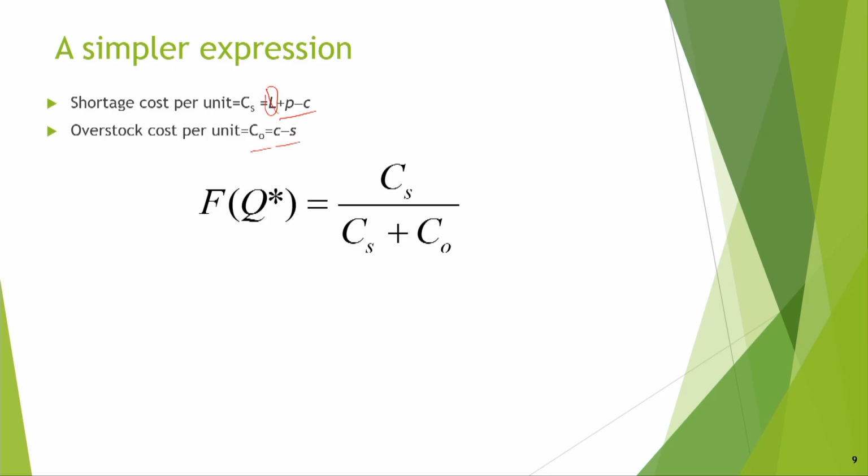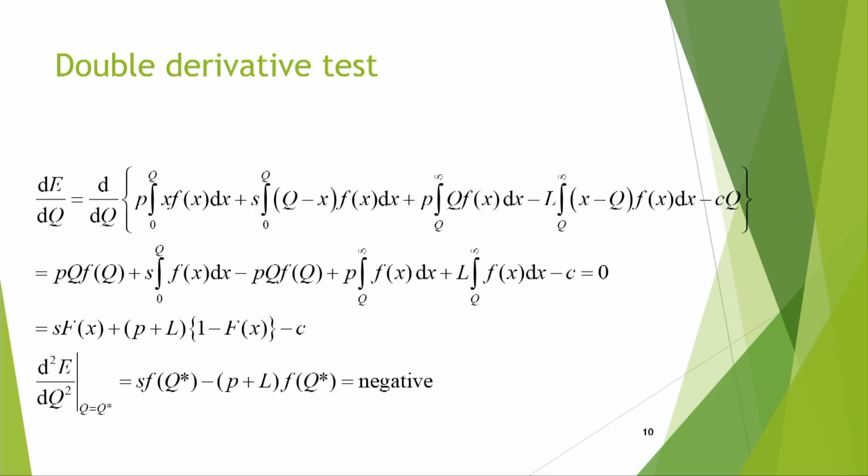We say that whatever loss we made in purchasing something, that is overstocking. So, F(q star) will be Cs divided by Cs plus Co. This much we had already said, and some people call it a service level also. Now, we can also see we have not done the double derivative test, because whether it is really maxima or minima, that also has to be done.